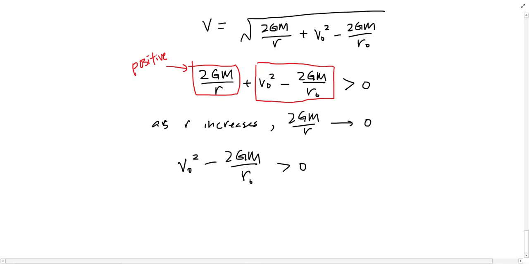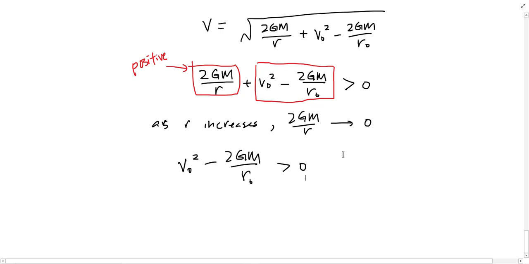Now, of course, realistically, there is some wiggle room, because even if this part is negative but smaller than this part, it will still be okay. But as this gets smaller, we don't want to run the risk. So we will require this part to be bigger than 0 to make sure that we have more than enough critical escape speed to escape the Earth.